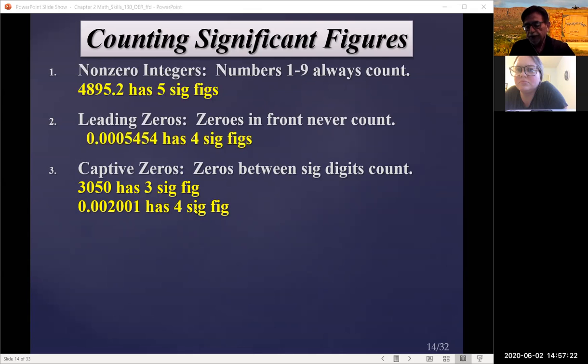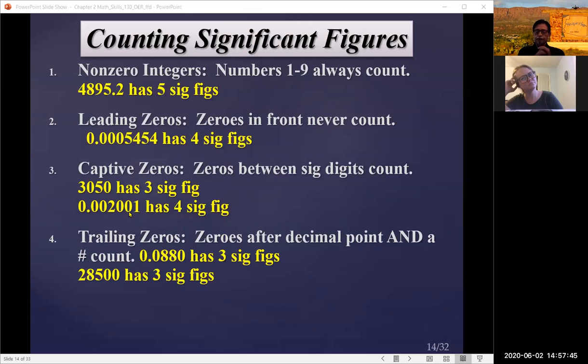Now, we need to learn which ones are significant and which ones are not, because when we do a mathematical function, say we multiply 3050 with the second example, our answer could not have more than 3 sig figs. Okay, we'll get some more examples.